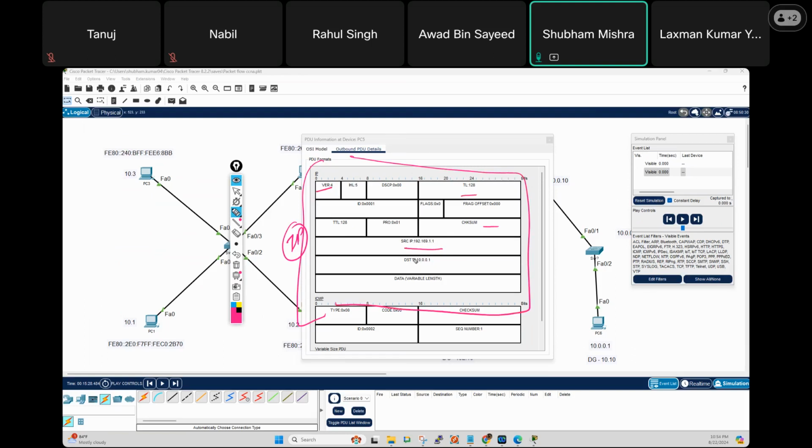Source IP is 192.168.1.1, right? Because PC number 5's IP address is 192.168.1.1. Guys, why is it 169 here? Is there any problem? Let me check. What IP did we configure, guys?